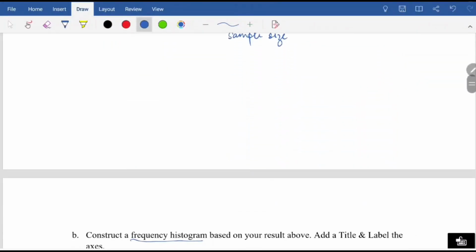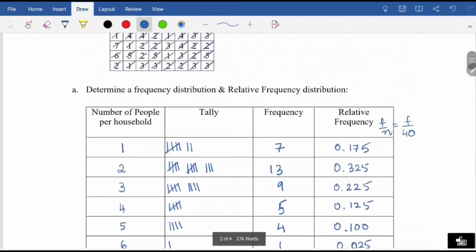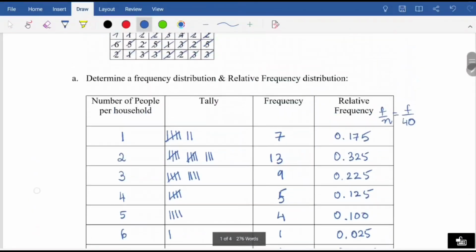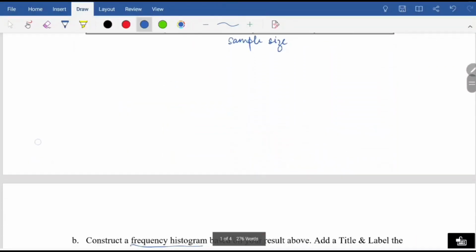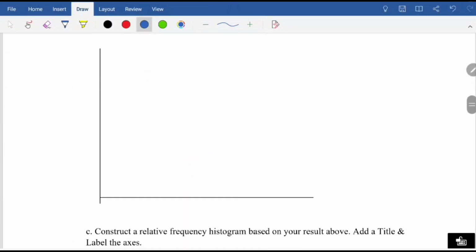create our histogram, right? So first, I have given you the vertical and the horizontal axis. Let's scale the horizontal axis first. What do we put along the horizontal axis? The number of people, that means the values in the first column of the frequency table, which is number of people per household. And that's also going to be the label of the x-axis.